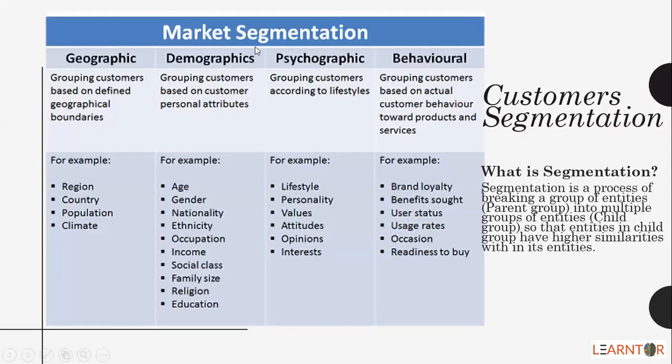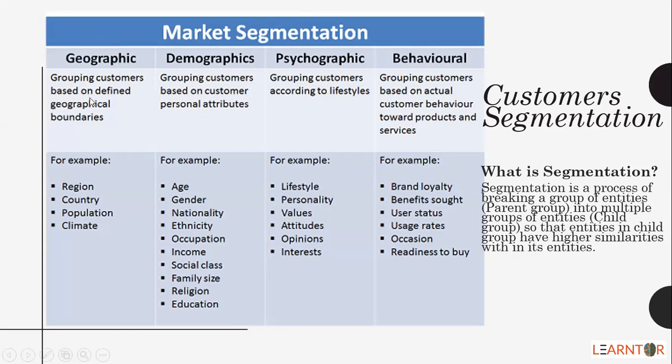So this is how to segment your market. What is segmentation? Segmentation is the process of breaking a group of entities down, so there's a parent and there's a child. I'm not going to focus on that. With market segmentation, look at the way it's broken into categories.